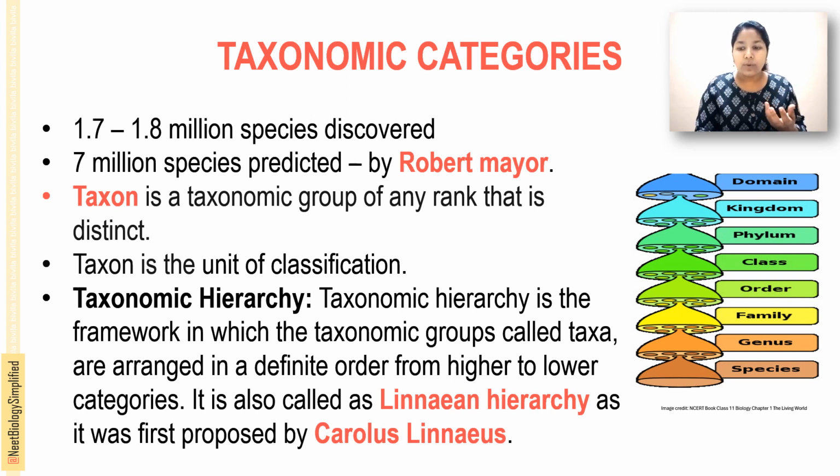In order to classify or group these species, the plants and animals, based on their observable characteristics, the taxonomists have classified them into a hierarchical structure that consists of ranks and categories.